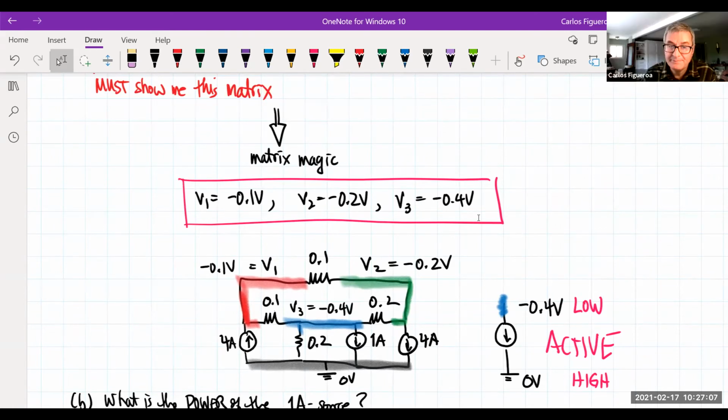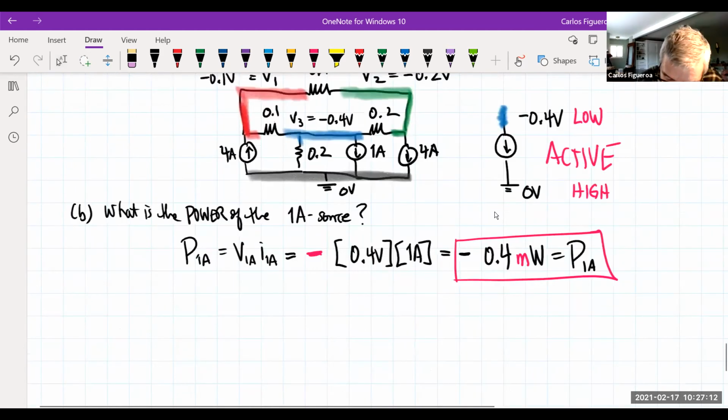So that's milliamps. Oh, okay. Got it. And that's where you're getting the milliwatt. Cool. Thank you.